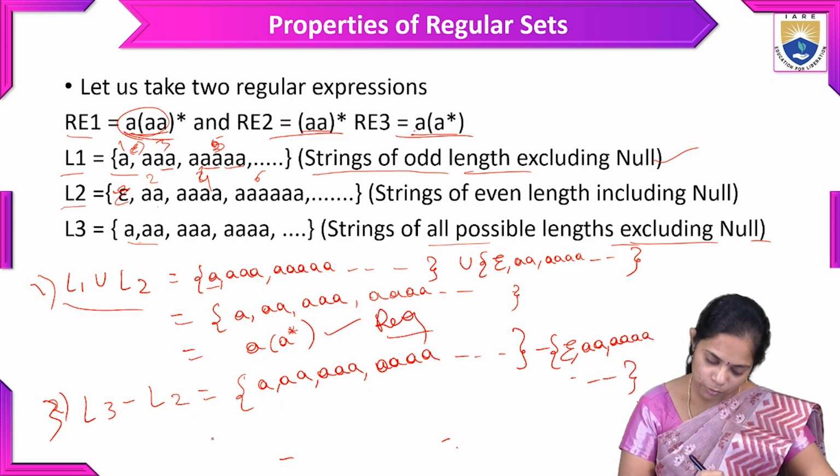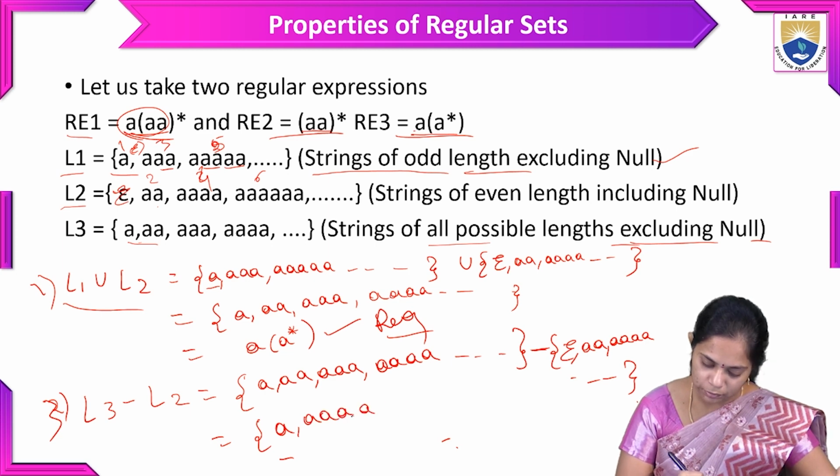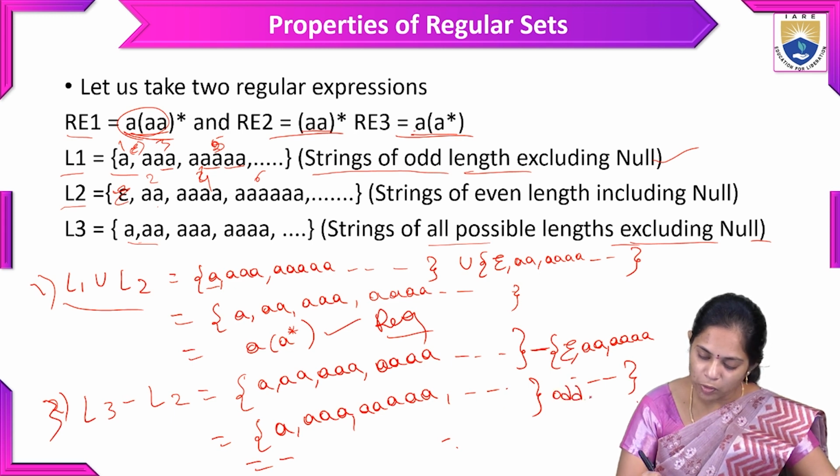We take out this difference, and what we will get? A, triple A, and 5 A's. So we get odd length strings, which we already discussed as L1, like A whole star.